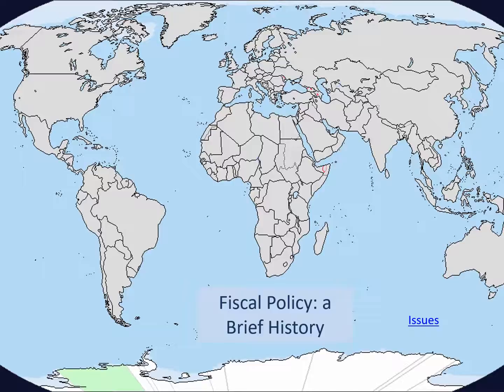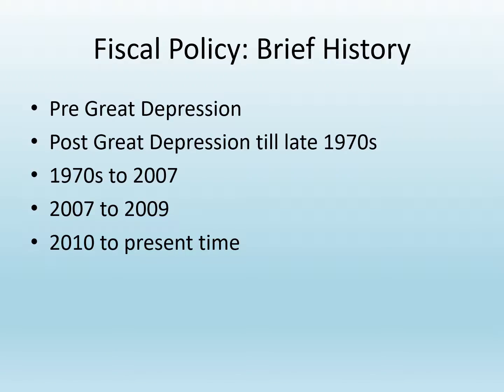The simplest way of discussing fiscal policy is to do it chronologically. So to actually give a brief history of fiscal policy. It's the easiest way to understand how fiscal policy has come into fashion and how the nature of fiscal policy has changed over time. So in terms of understanding the chronological history of fiscal policy, the best way to start is before the Great Depression.